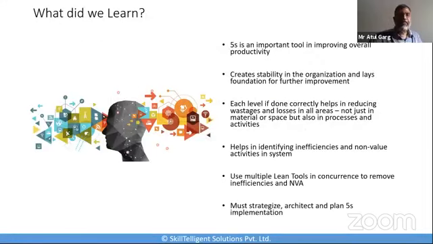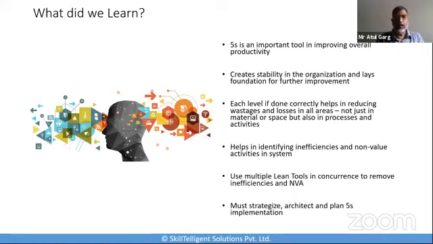So if we summarize, what we should always remember is that 5S is a very important tool, not just for a clean workplace, but for improving overall productivity. It primarily creates stability in the organization and lays the foundation for further improvement. Each level, if done correctly, will always help in reducing wastages and losses in all areas.